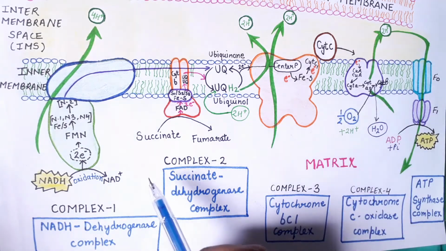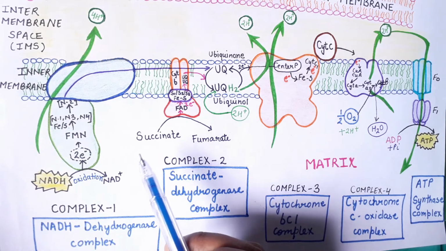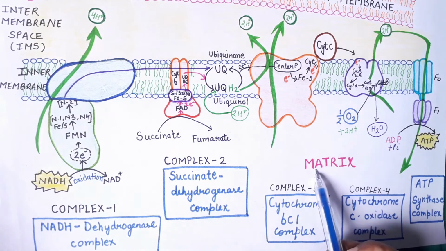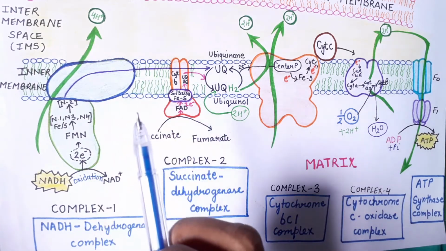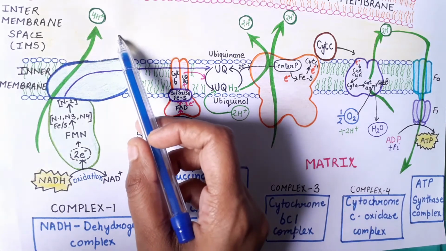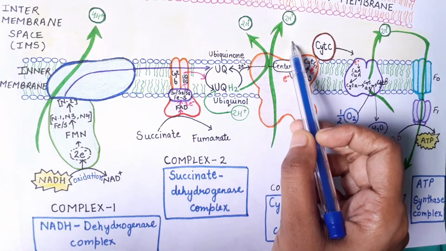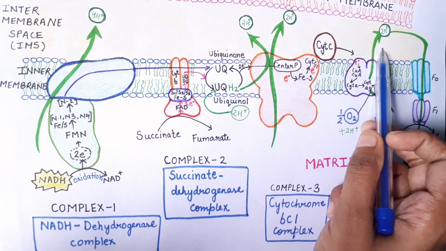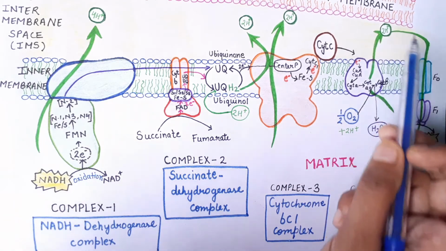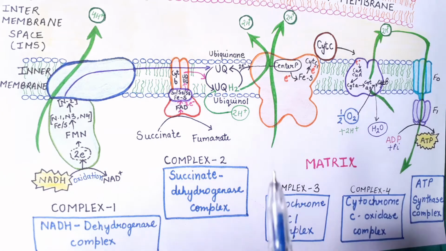So overall for one molecule of NADH, how many protons have been pumped out from the matrix into the intermembrane space? So these are overall 10 protons. 4 protons from the complex 1, 4 protons from the complex 3 and 2 protons from the complex 4 have been pumped out from the matrix into the intermembrane space.